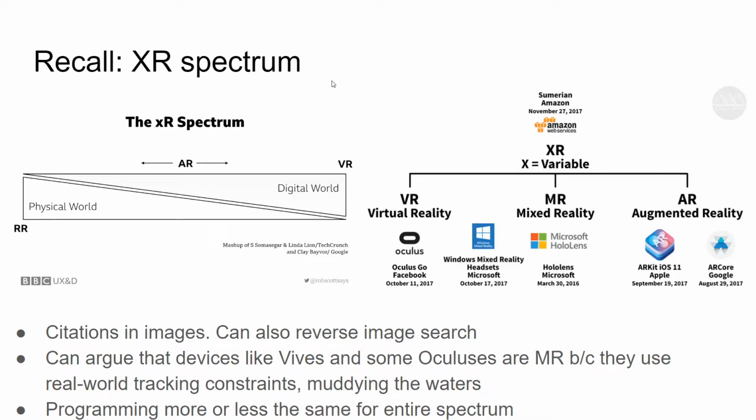So last time, just to briefly go over the content from last time, we talked about the XR spectrum, which is a sort of idea that you have some scale from the real world to the virtual world.